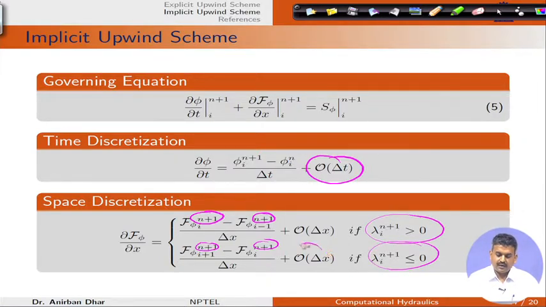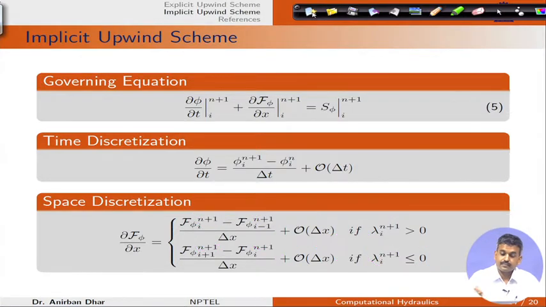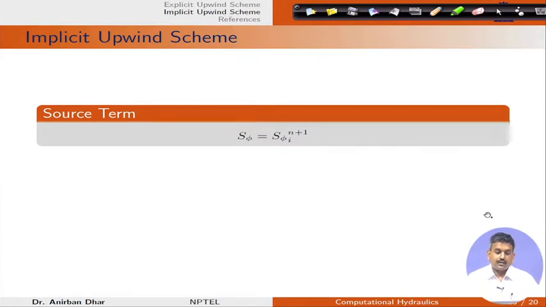This is again of order delta x. So, the overall accuracy of the scheme is delta x, delta t. This is for the source term, and this source term is discretized at the n plus 1 level.